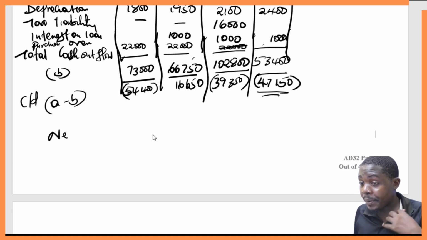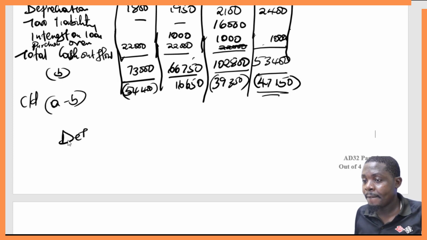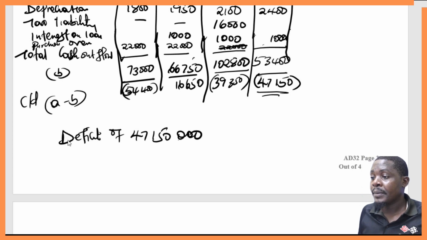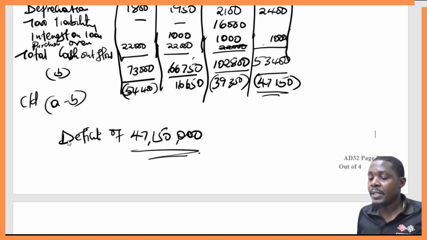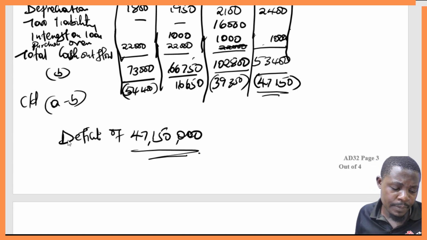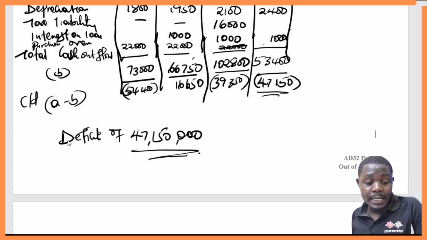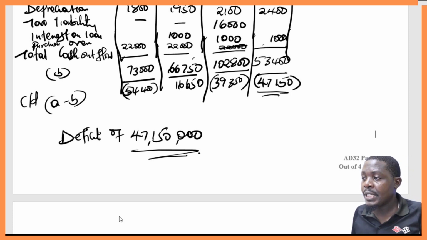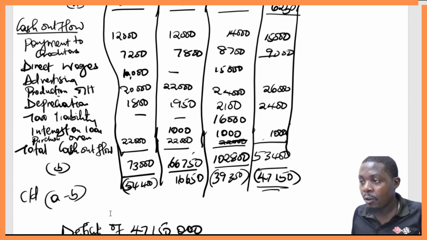Meaning in this particular cash budget, at the end of April, we had a negative balance, or a deficit, of 47,150 million. Remember, they were in thousands. That's what you are told to do: prepare the cash budget for the 4 months ending April 2024.